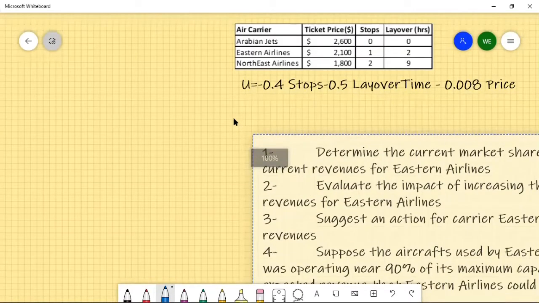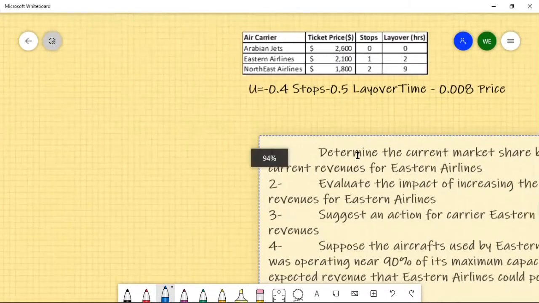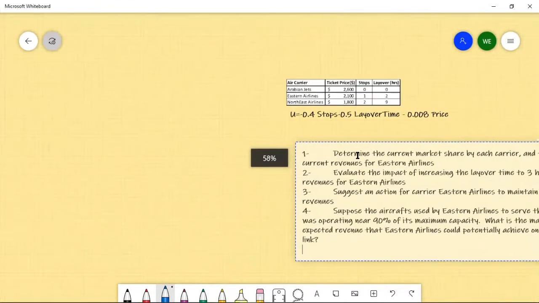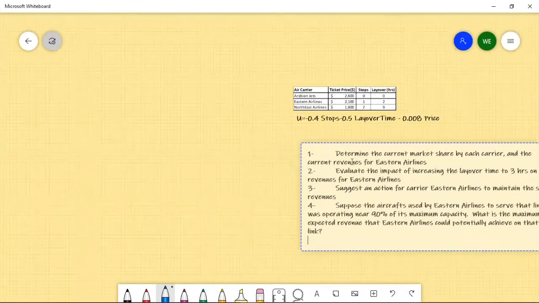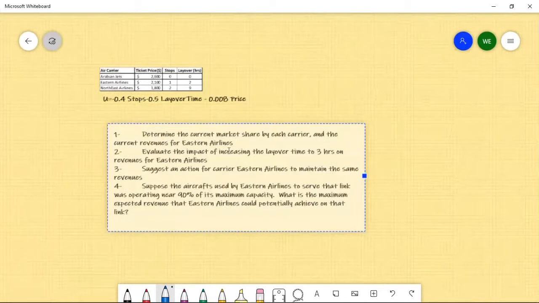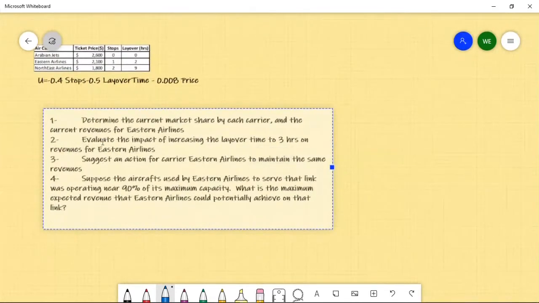Determine the current market share by each carrier and the current revenue for Eastern Airlines. Also evaluate the impact of increasing the layover time to 3 hours on revenues for Eastern Airlines. Third, suggest an action for Eastern Airlines to maintain the same revenues.